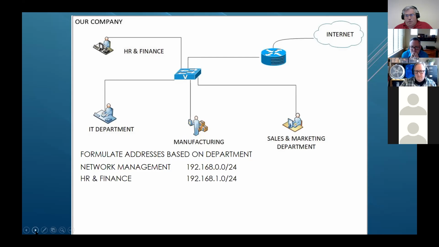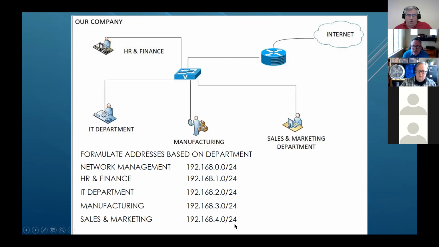HR and finance gets 192.168.1.0/24. IT department 2.0/24. Manufacturing 3.0/24. Sales and marketing 4.0/24. Make sense? Yeah, seems to work pretty good.